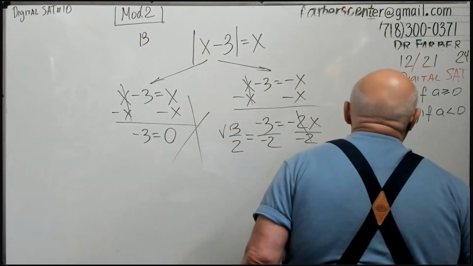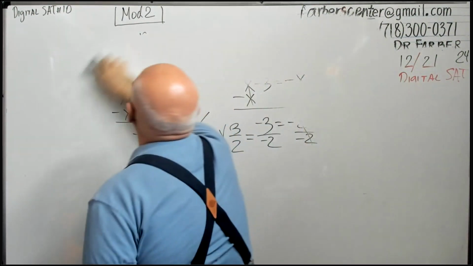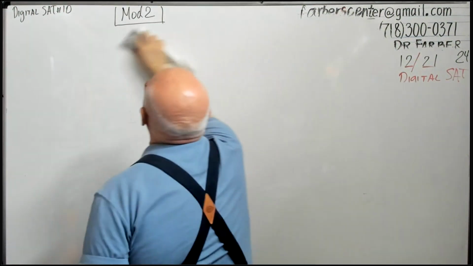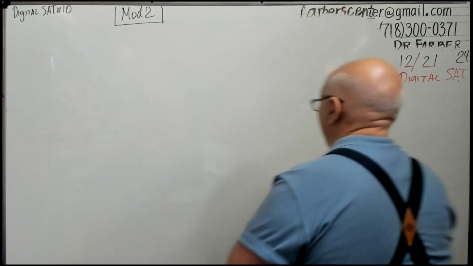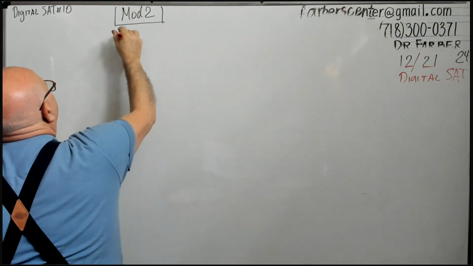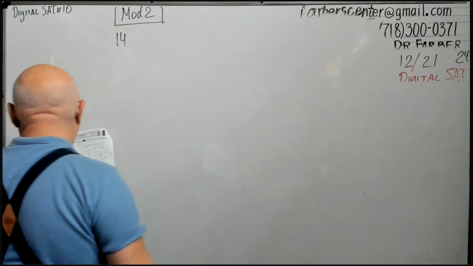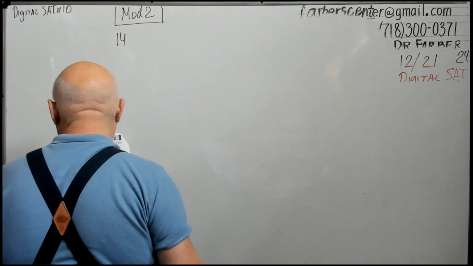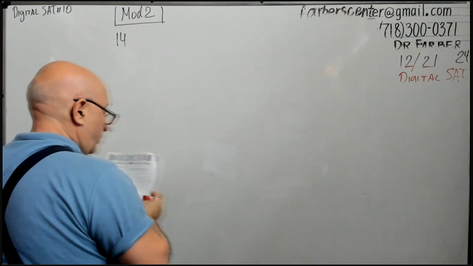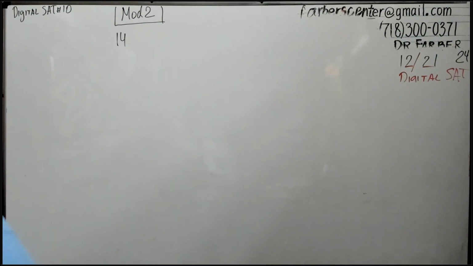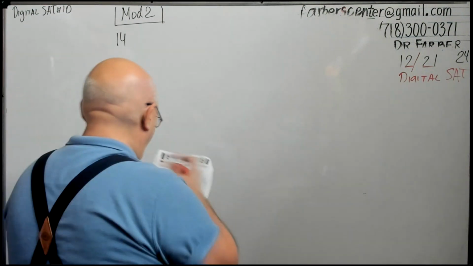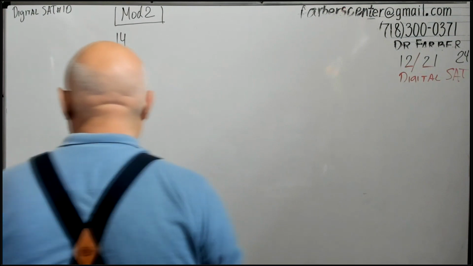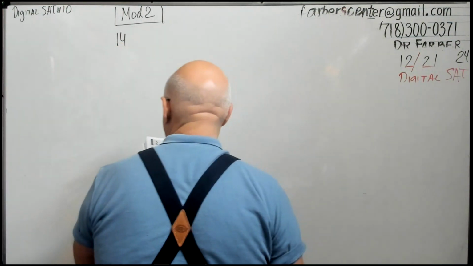Number 14. Very fast. Yes, 14. A teacher has a certain number of books, the same number for each student.